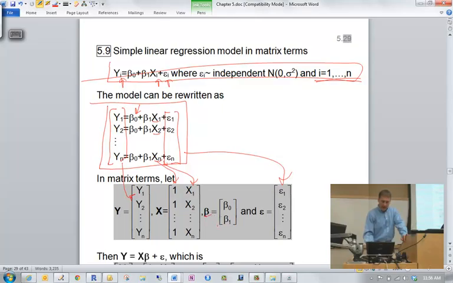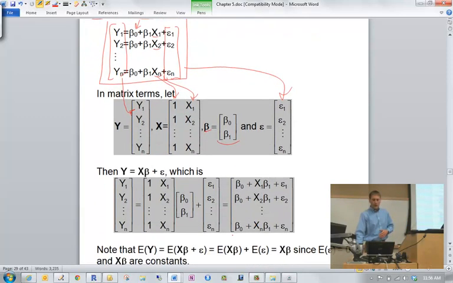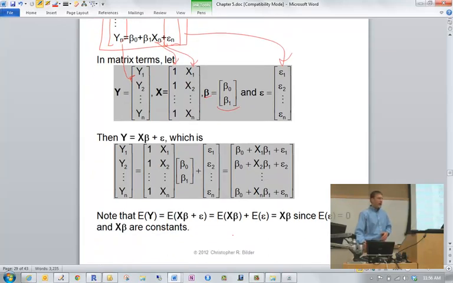My betas, I could put those into a vector that has beta 0 and beta 1 in it, so that if I write out my model now in terms of matrices, I get y is equal to x times beta plus epsilon. So notice when I take the first row of x, multiply it by my column vector beta, I get beta 0 plus x1 times beta 1.